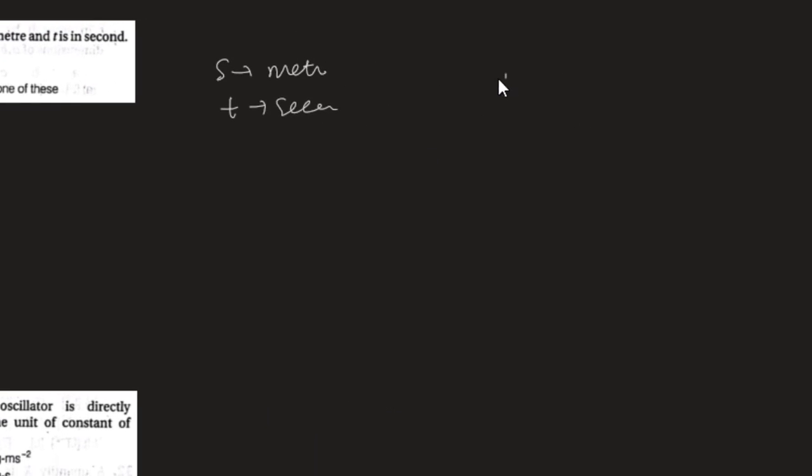In this question it is given S is equal to A plus BT plus CT square. S is measured in meter, that means the distance, and T in second, this is time. How much will be the unit of C? Now we know only the same type of quantity can be added, right?